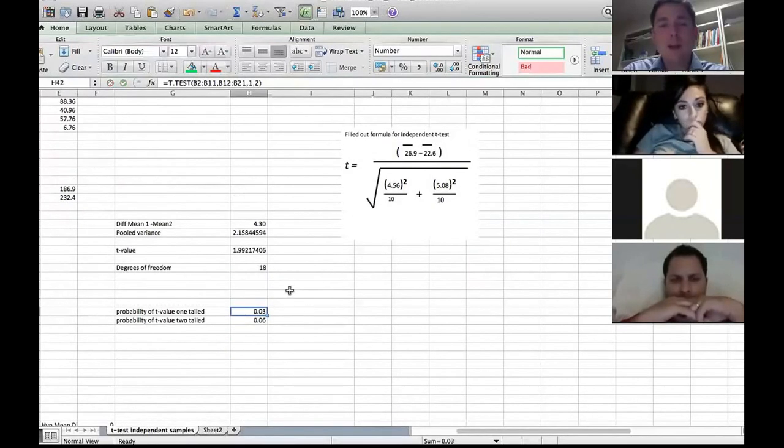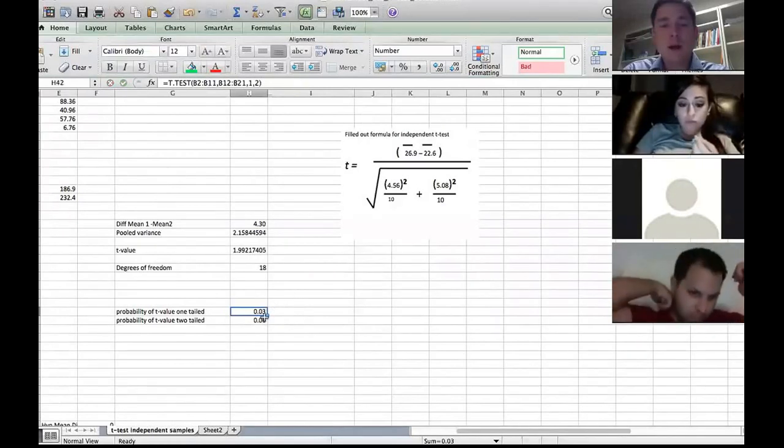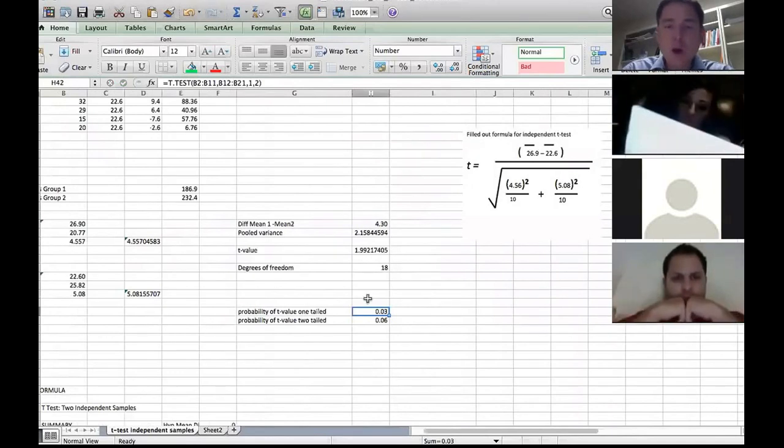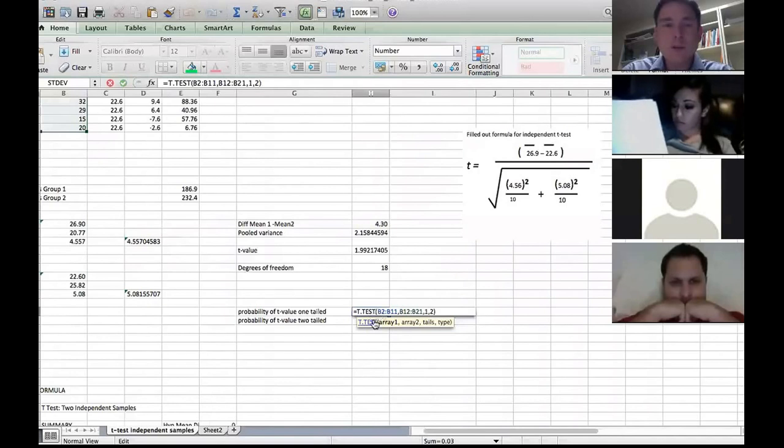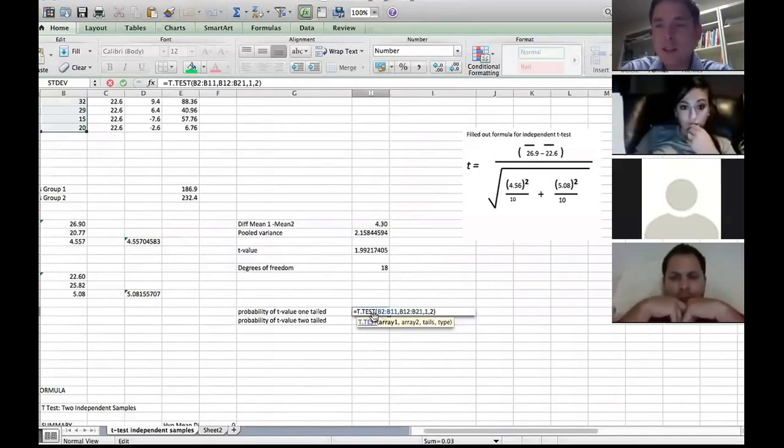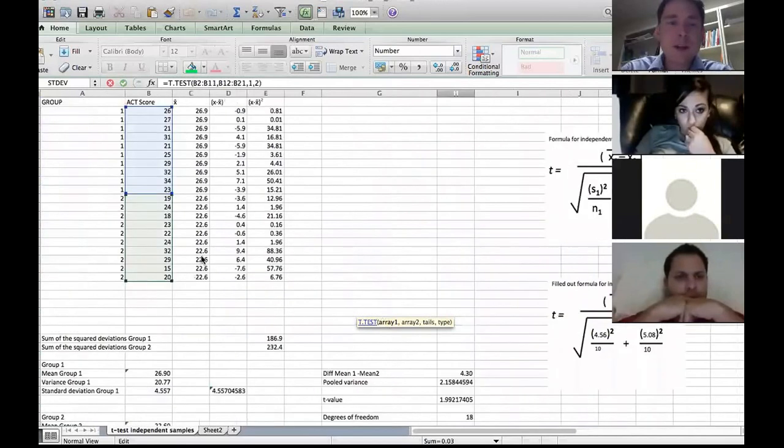And now what we can do is calculate the t distribution, right? Or what we could have done, if we only wanted the p-value, we could have just said, you know what, Excel, please calculate a t-test, right? So T.TEST, and we could have said, okay, Excel, here the blue area is group 1, the green area is group 2.